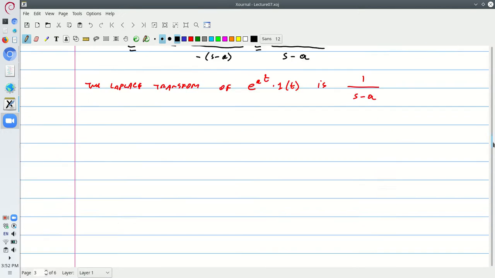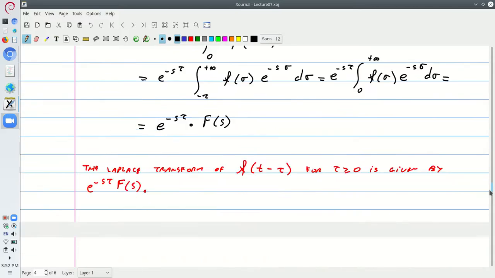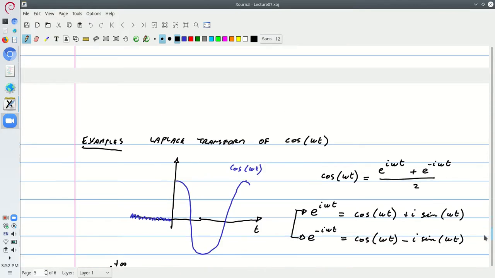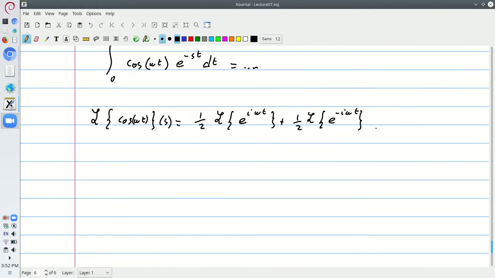So let's go back slowly here, and so this is given by 1/2, because we have just applied linearity. This can be written as s minus I omega, because I omega is equal to our a, plus 1/2. Now a becomes minus I omega, so this can be written in this way, s plus I omega.